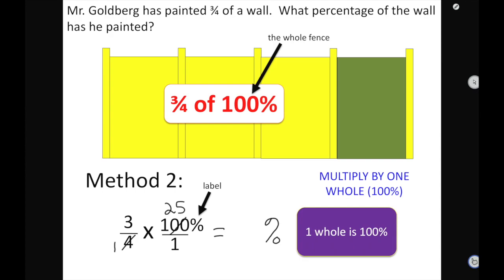I'll multiply my numerators and get 75 and multiply my denominators and get 1. We know that a 1 in the denominator means that it's just a whole number with what's in the numerator. So 75 over 1 is the same as 75. And because it's labeled with a percentage, it's automatically a percentage when we solve it this way. So I solve by multiplying times 100% and converting the fraction to a percentage.